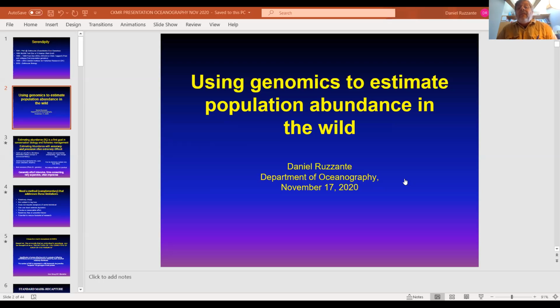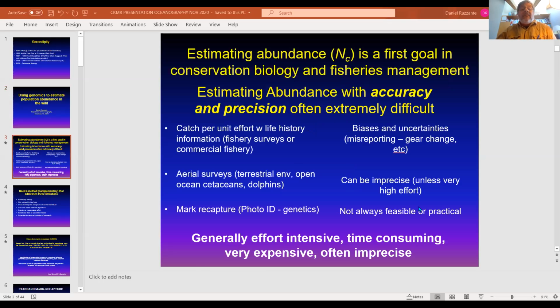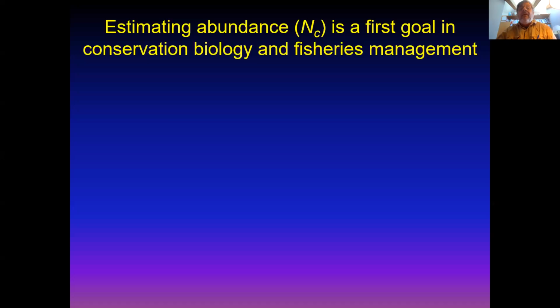The topic is, of course, how to use genomics to estimate census size or population abundance in the wild.